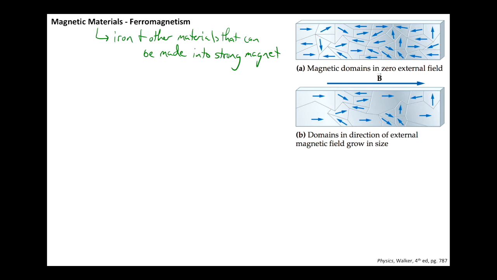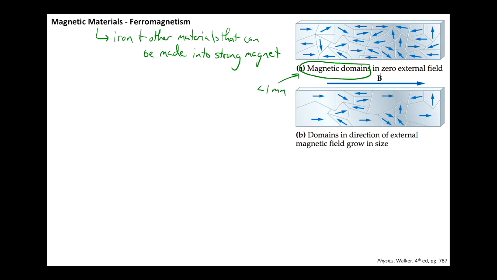Okay? So here's the basic idea. A material such as iron is composed of little magnetic domains. These are little regions that have their own little magnetic field. You can think of them as tiny bar magnets if you want to. These magnetic domains are typically less than a millimeter in size.